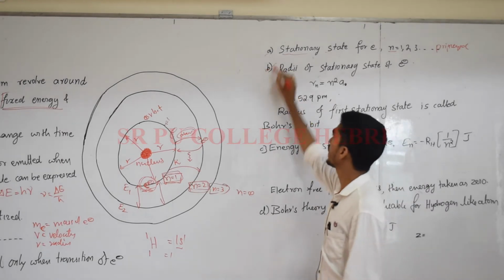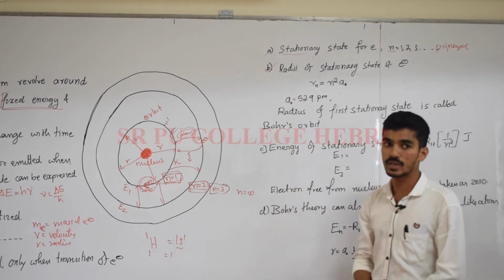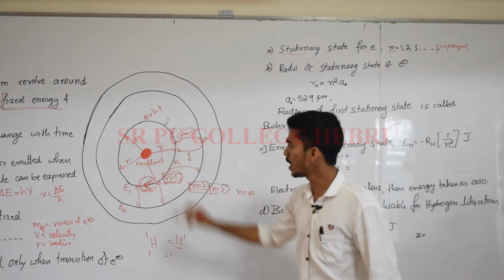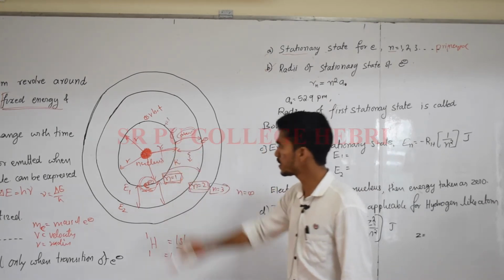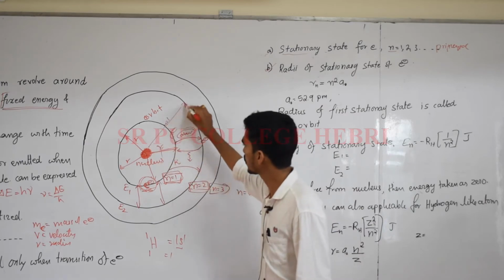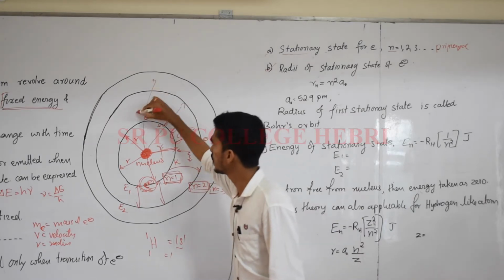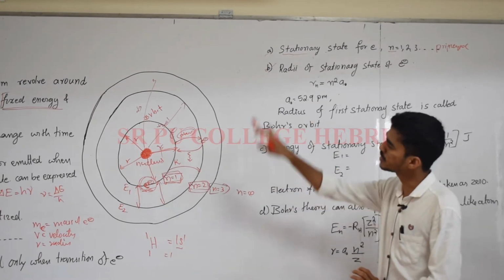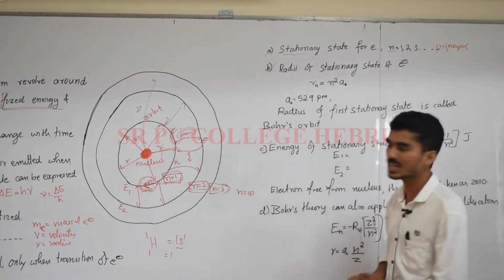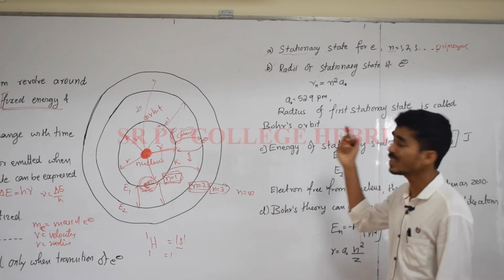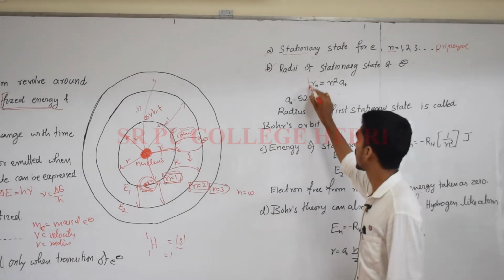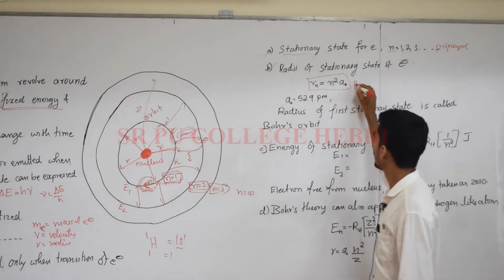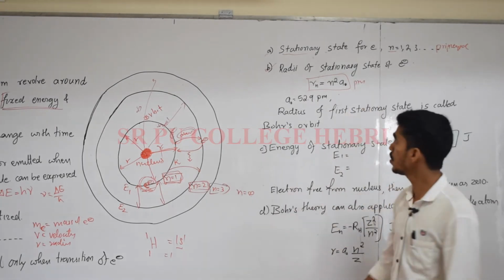Next, the radii of a stationary state. Taking the nucleus, for n equal to 1 the radius is R1, then R2, then R3. These are the radii of the particular stationary states where the electron is present. This is formulated as Rn equal to n square times a naught, in picometer.